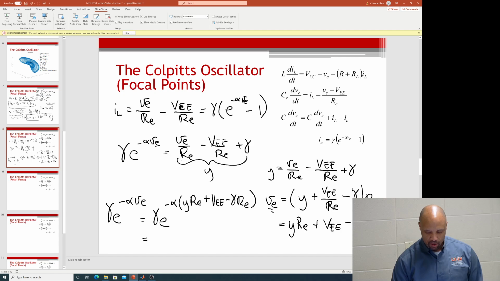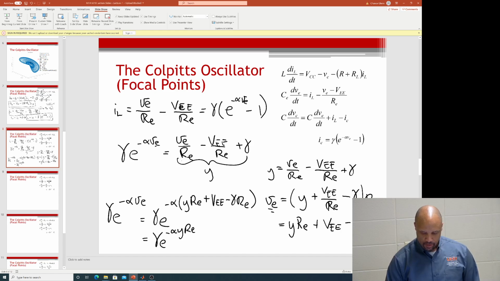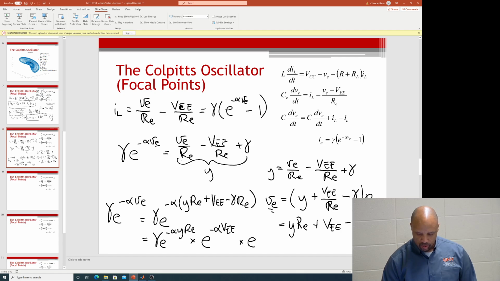So this is now gamma e times e to the minus alpha y RE, all right, times, well, gamma multiplies everything, so let me just do that, e to the minus alpha VEE times e to the plus alpha times gamma times RE.